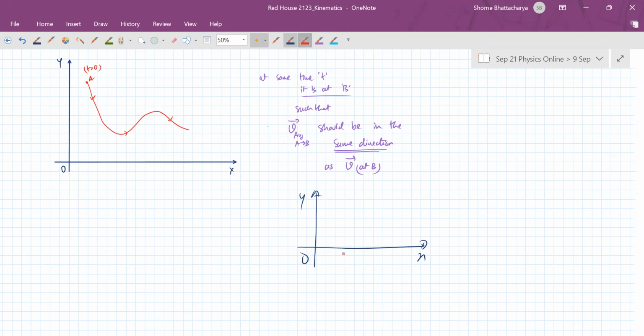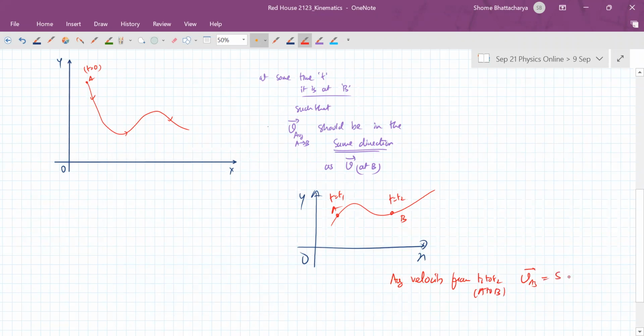If we have any xy plane motion like this, suppose some motion is taking place like this. Now if I ask you that at some time t1, the particle is at A, and at another time t2, the particle is at B. So what is the average velocity from t1 to t2 time, or that is A to B? That average velocity as a vector is the displacement from t1 to t2 divided by t2 minus t1.